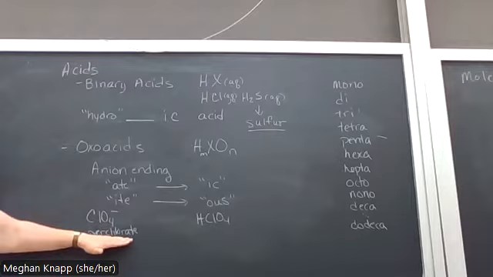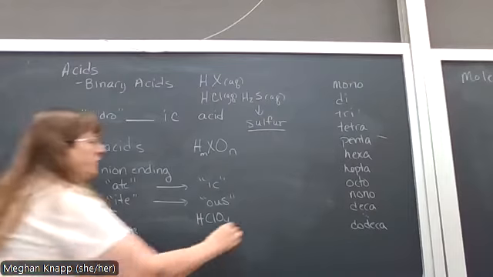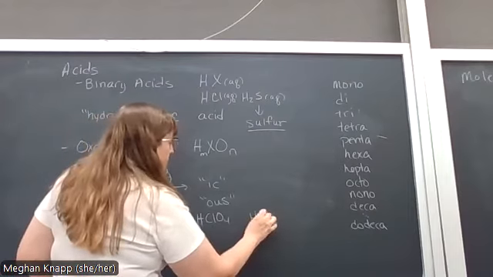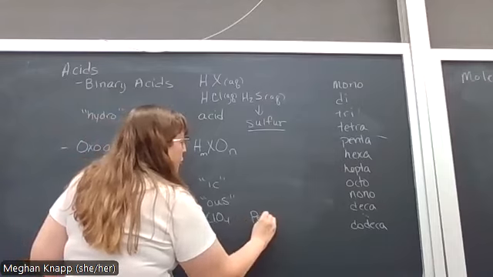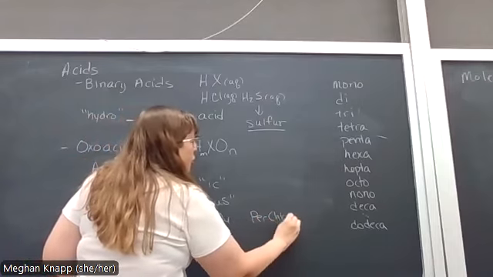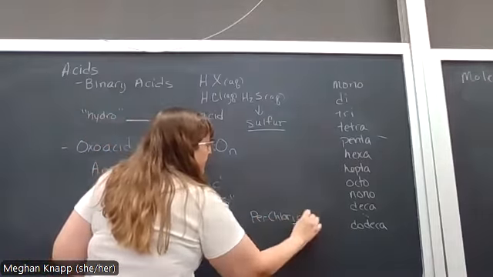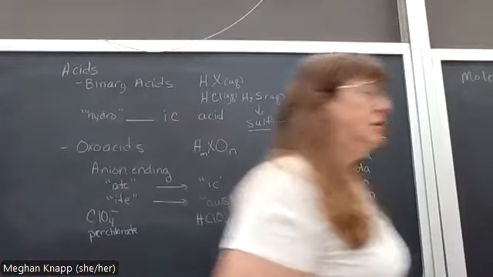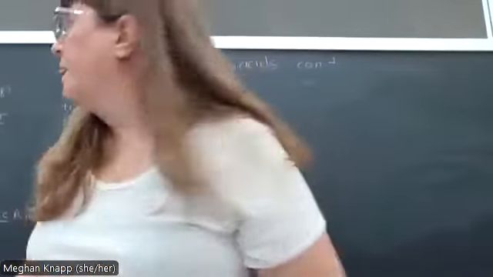We're going to have perchlor, but then we're going to change this to ic. So I'll write this to the side here because I know I'm getting behind my computer screen. So perchloric acid. Okay.